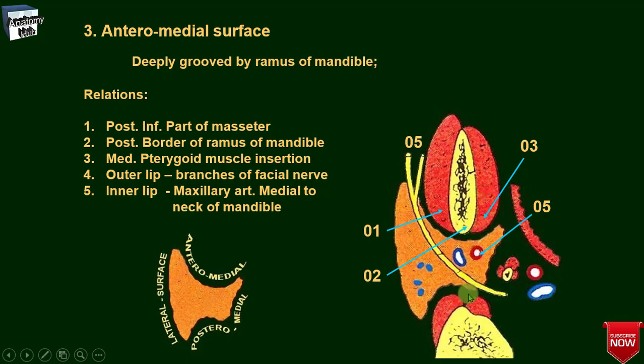So the deep part of the parotid gland is closely related to the medial pterygoid muscle, whereas the superficial part is related to the masseter muscle. So what happens here? This facial nerve actually divides this parotid gland into two parts, the deep lobe and the superficial lobe.